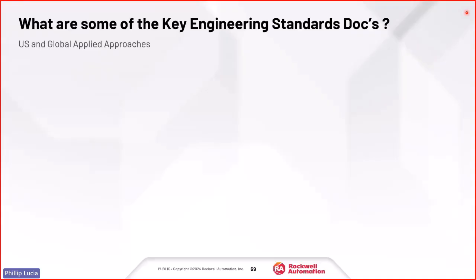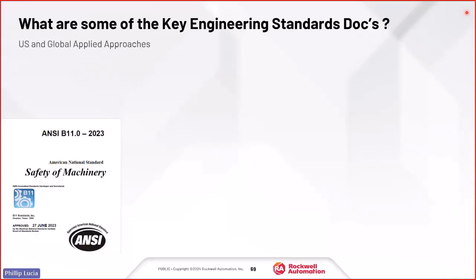Well, I like to emphasize the US, or the American National Standards, so ANSI. And ANSI B11.0 is the foundation of machine safety in industry. It provides techniques and methods to guide risk assessment, preliminary design and mitigation decisions. It really is foundational to, I guess we could say, all industrial machinery used in the US.